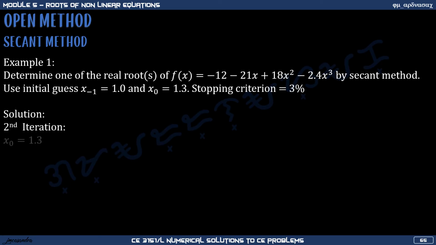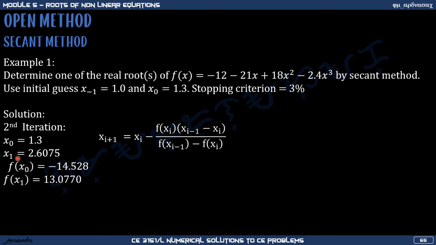So for our second iteration, x sub 0 now is 1.3 and x sub 1 is 2.6075. This is old, this is new. So the function of the old is negative 14.528, and the function of the new one is 13.0770. So apply our values in our given equation.